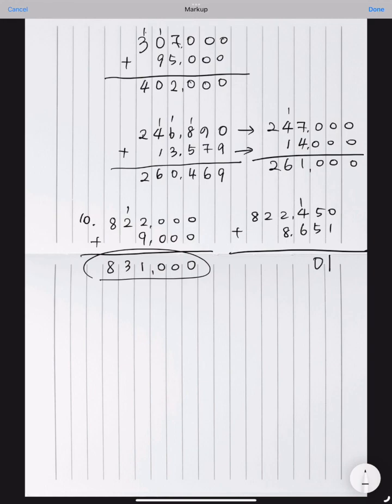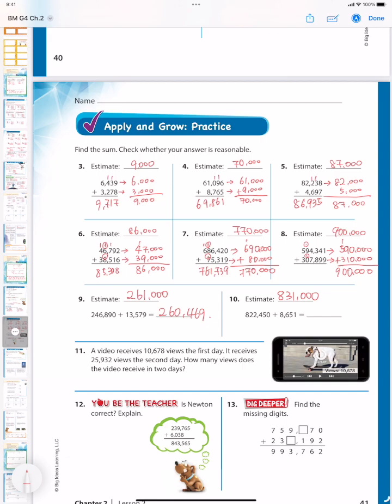Carry 1 up, and 5 plus 6 is 11. Carry 1 up again, and 3 plus 8 is 11 again. Carry 1 up, it's 3. Wow, look at this number. It's very close, right? All right, this symbol means about, okay? All right, now the actual sum is 831,101.